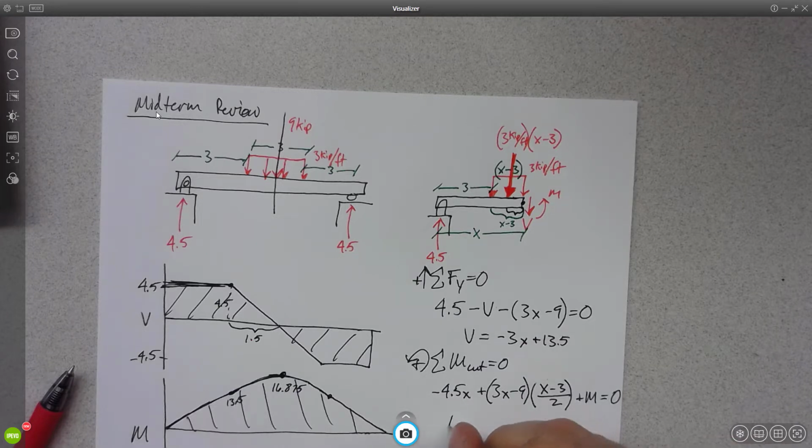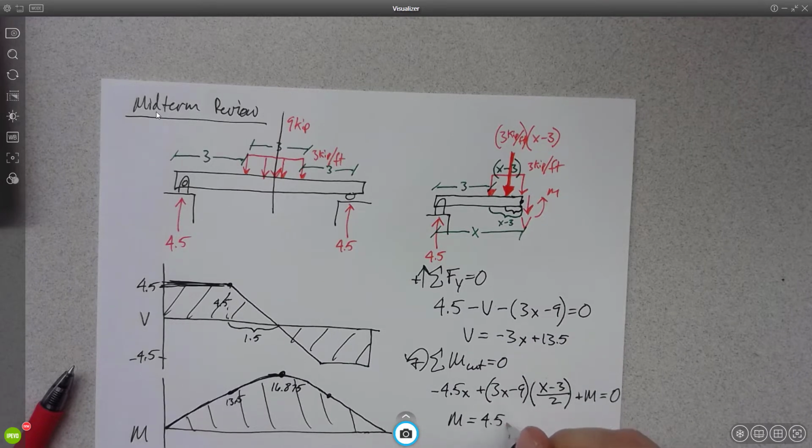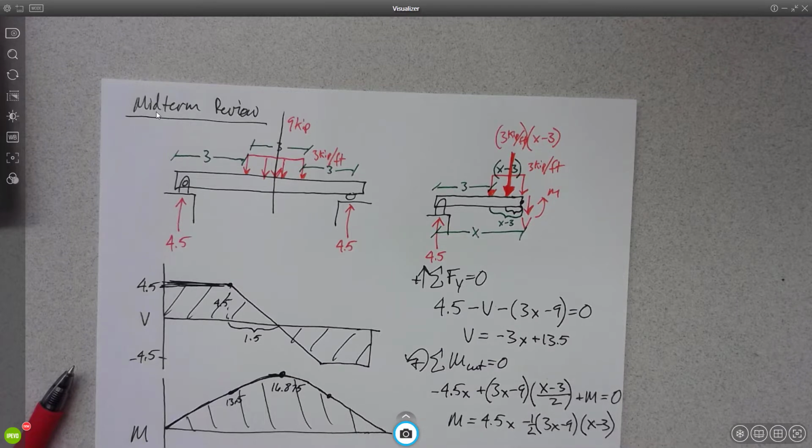So what would this be? This would be M is equal to 4.5x minus 3x minus 9 times x minus 3 times 1/2.